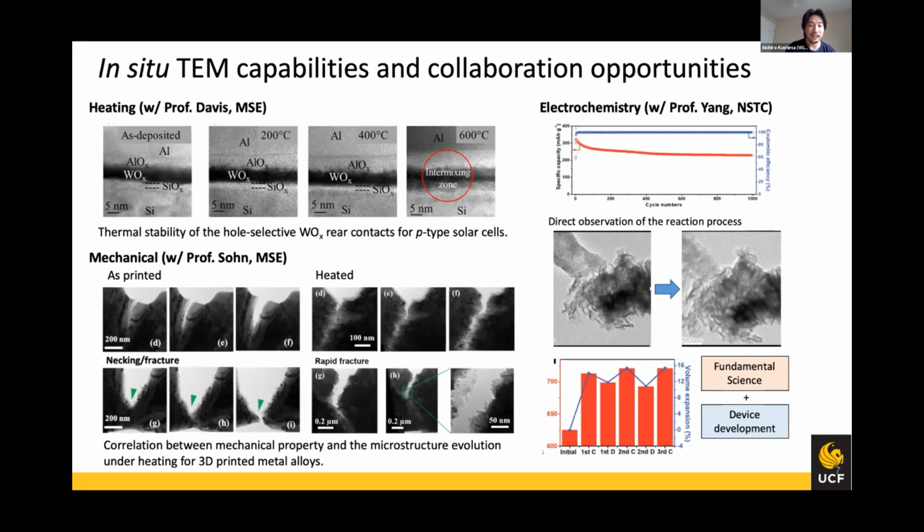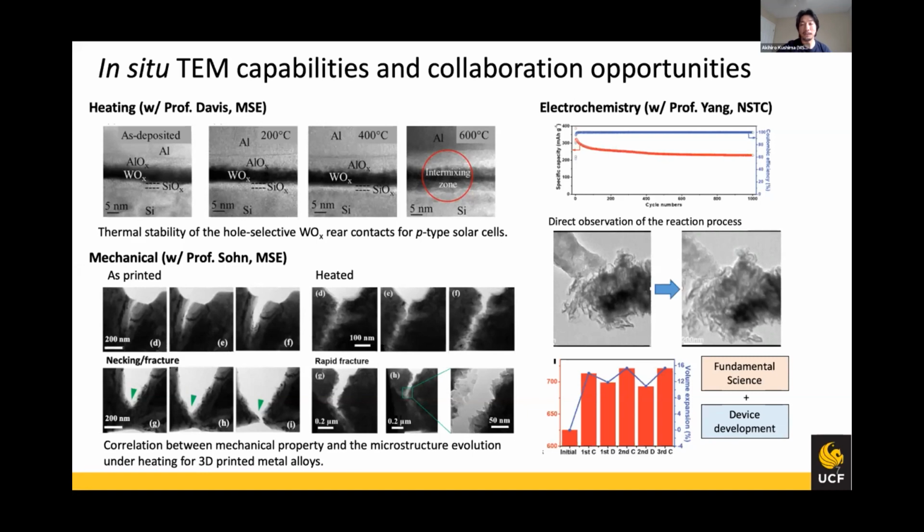You can clearly see that as-printed materials have very ductile properties, but after heating, you have very brittle behavior. So you can compare these two behaviors from the exact same materials, and you can also combine it with a heating experiment to understand the phase transformation or structural change and correlate those with the mechanical properties.